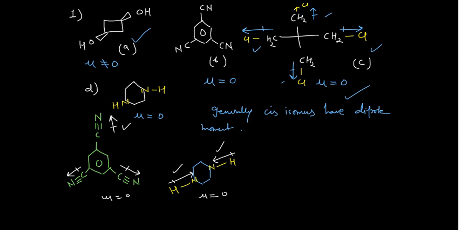But what about the species which has the non-zero dipole moment? In that case, if I redraw this structure, this is the cis structure. Cis means this OH is in the above direction, and this is very important, how I am writing this OH bond. And this again I am writing in that manner.